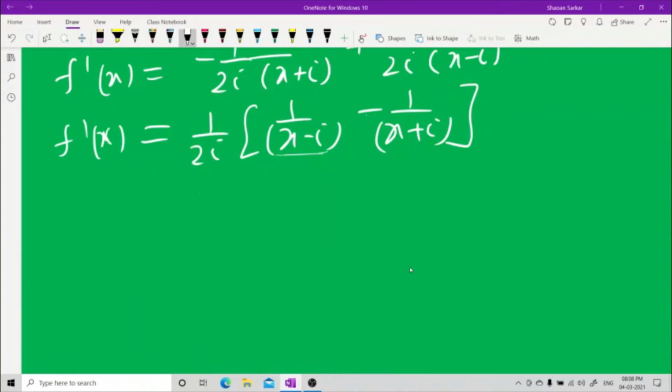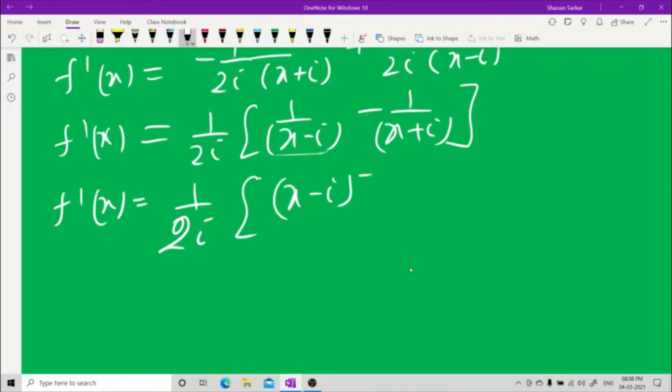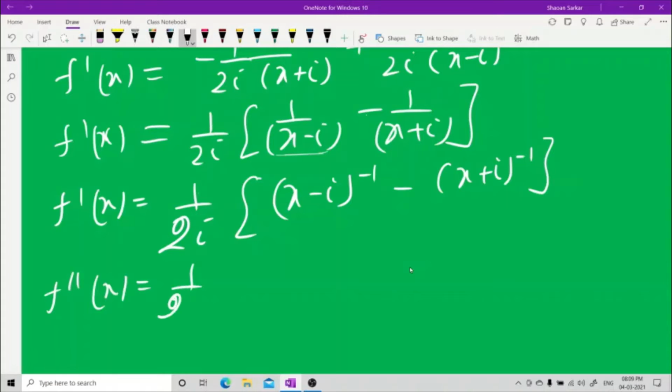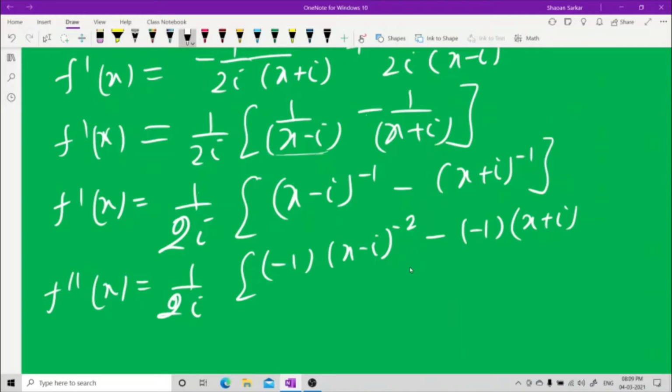Now f dash x can be written as 1 upon 2 iota. Write this as x minus iota to the power of minus 1 minus x plus iota to the power of minus 1. Take the second derivative. Now this will become 1 by 2 iota, minus 1 x minus iota to the power of minus 2, minus 1 x plus iota to the power of minus 2.